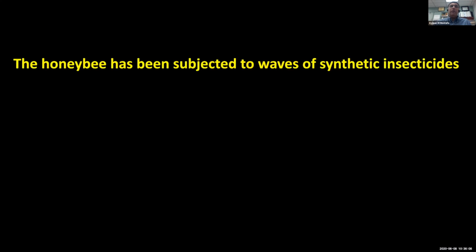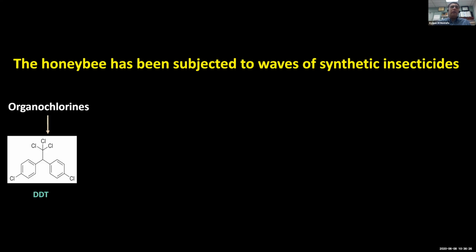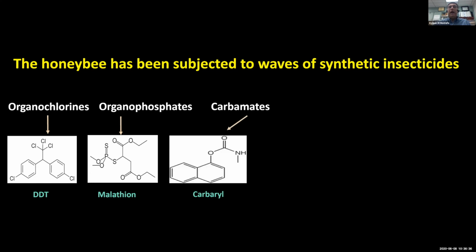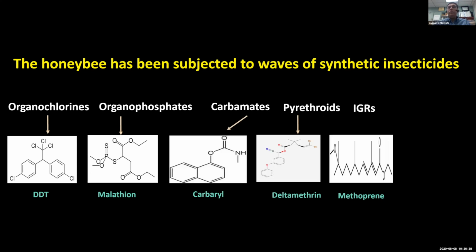If we go to the last stressor here, pesticide and insecticide in general, honeybees, since World War II, have been the subject of waves of synthetic insecticides, starting with the organochlorines, like DDT, then organophosphates, like malathion, and carbamates, and pyrethroids, and then the IGRs, the insect growth regulators.